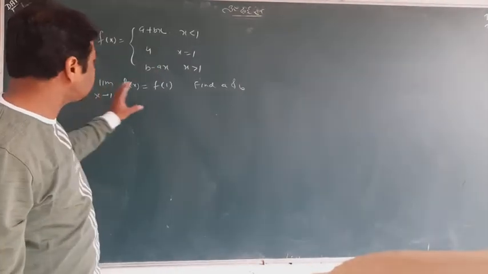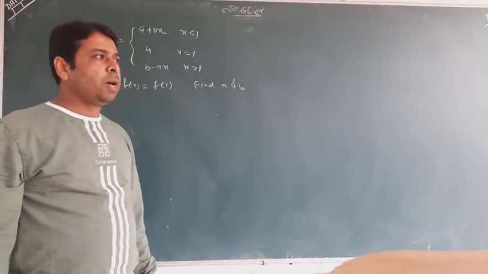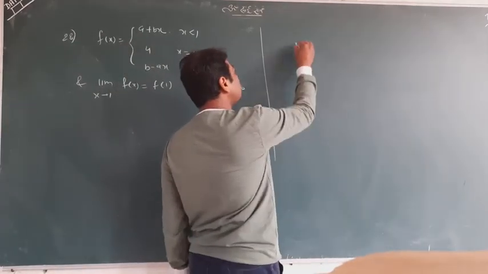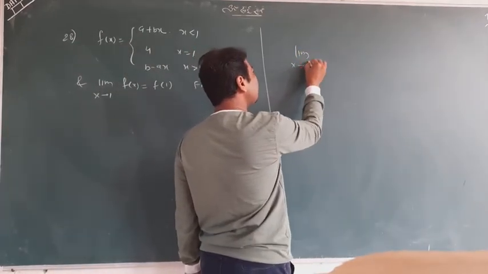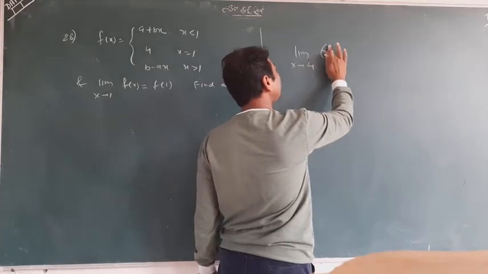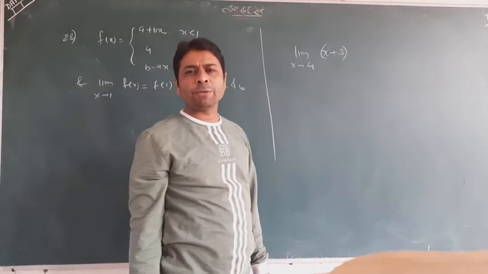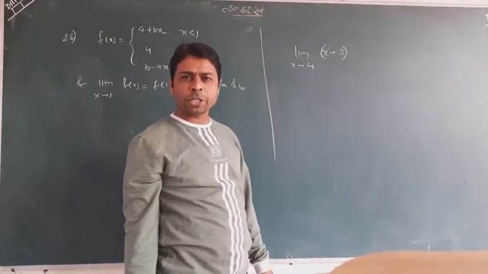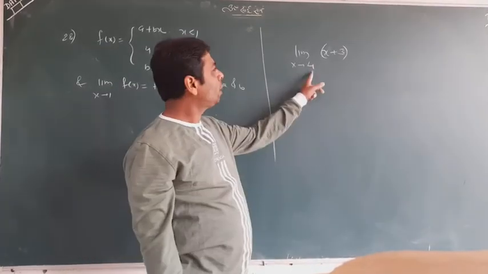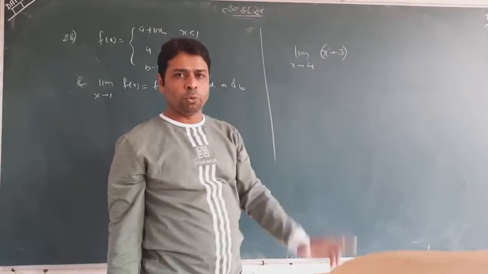Before doing this question, let me explain something. If I ask you to find the value of this limit, I think it is very easy. After looking at the question for the first time, you can give the answer: 4 plus 6, that is 7.